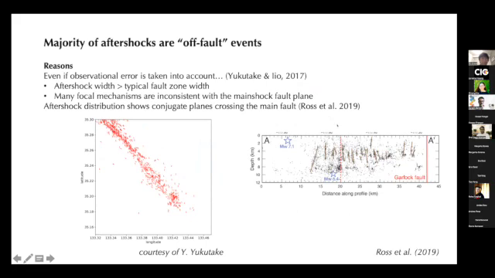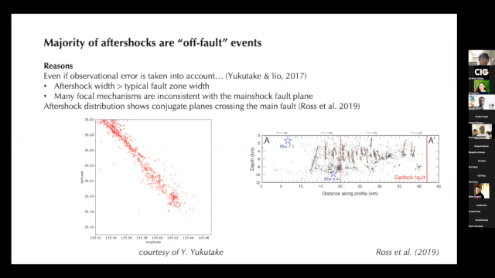But actually, the majority of aftershocks are off-fault events. There are some reasons to argue that. One is from Yukutake and Yu 2017. They say that even if observational error is taken into account, aftershock width is larger than typical fault zone width.